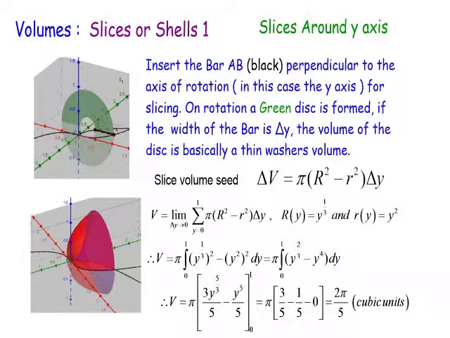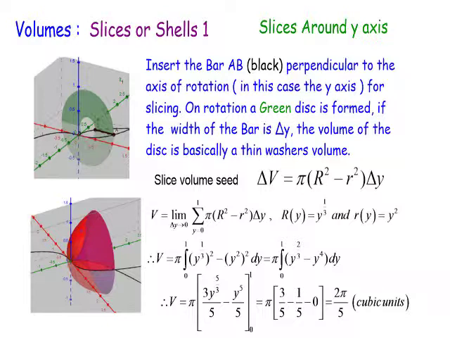We add them up as we rotate them around the y-axis, and this turns into 2 pi on 5 cubic units. The volumes are different because the area is not symmetrical.